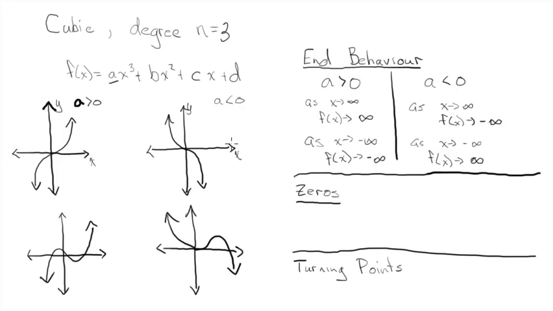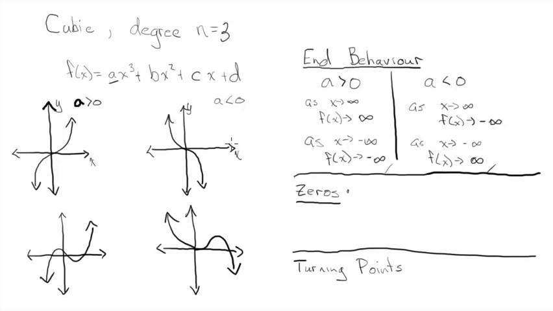So notice for both cases, the end behavior is different on both sides of the function, and it's the reverse for a positive and a negative. But notice this end behavior is the exact same as another polynomial we looked at, the one with degree 1, the linear. So it had similar end behavior to the linear function. Different than the quadratic, but similar to the linear.